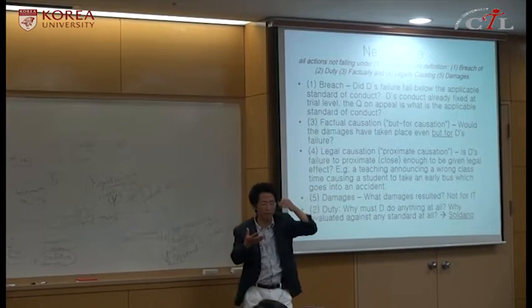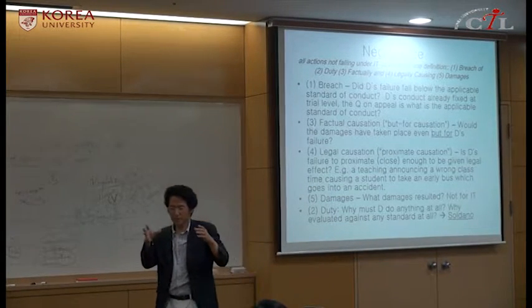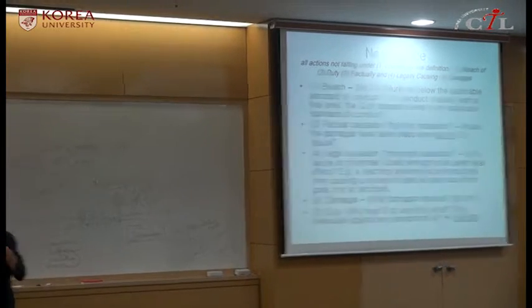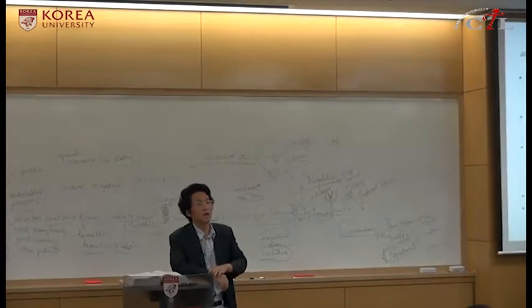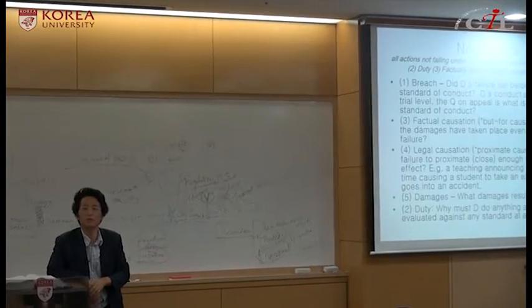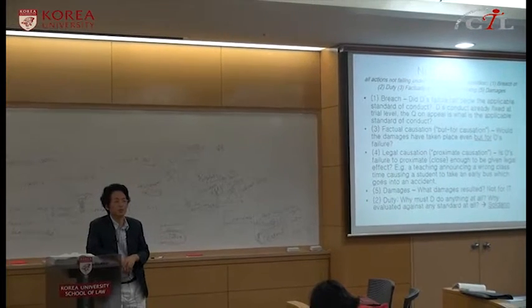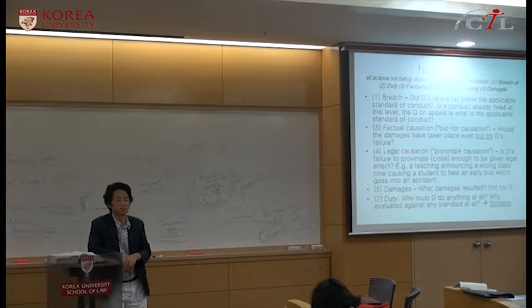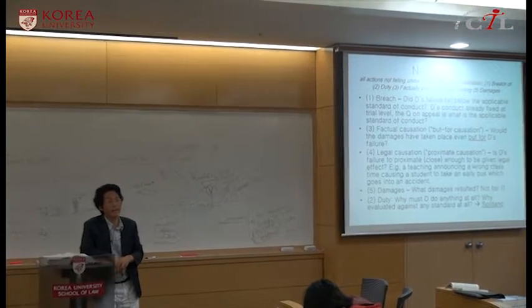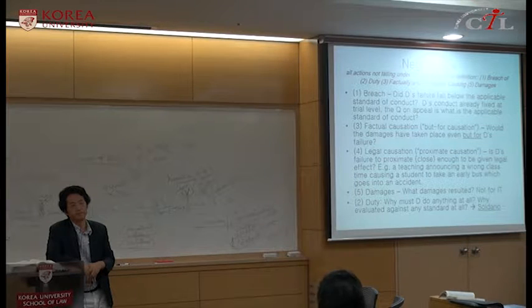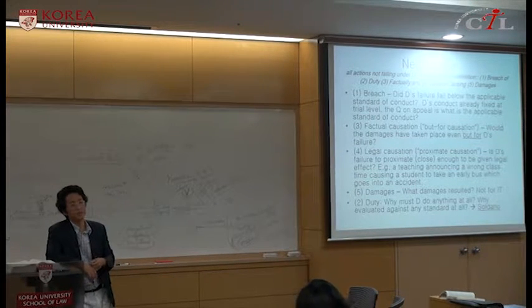Now, if some damage would have happened regardless of defendant's conduct, should the defendant be responsible for what happened? What do you think? No, right? If it was going to happen anyway, then defendant should not be held liable for that. That's the idea. So that's one thing you should check, whether there is a but-for causation.